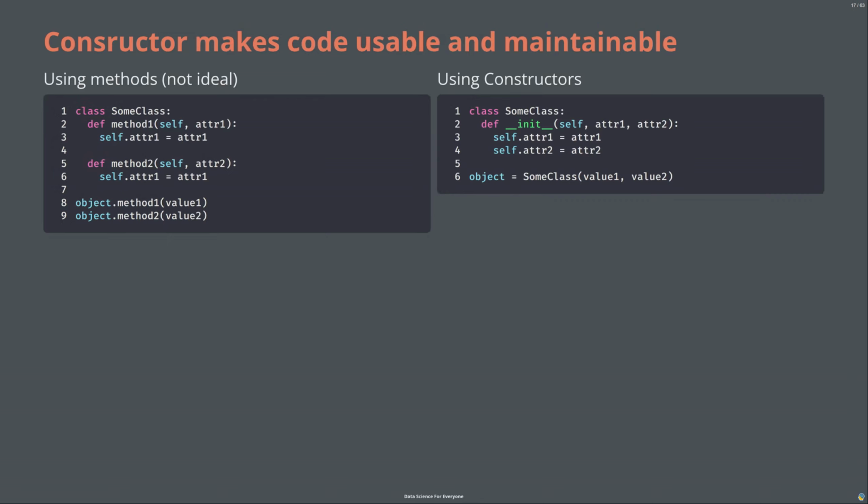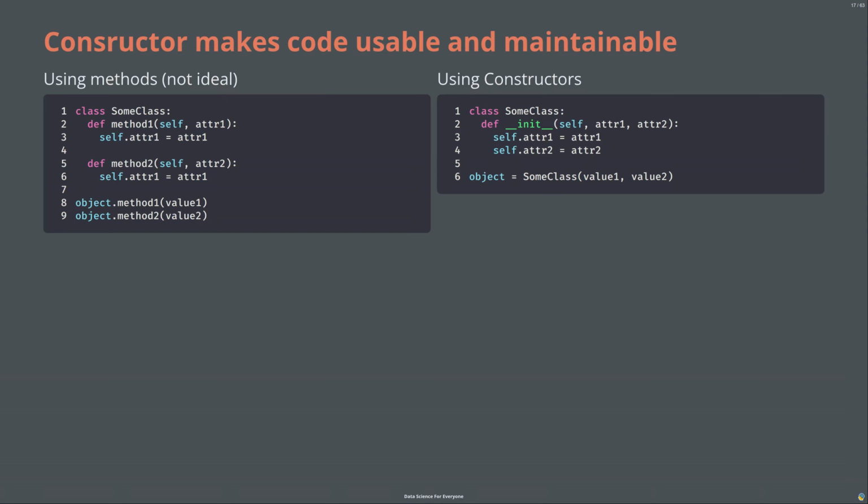There are two main ways to define attributes in a class. One is by creating them inside any method. When that method is called, the attribute gets added to the object. The other, more recommended way is to define them all at once inside the constructor. It's best to avoid spreading attribute definitions across multiple methods.